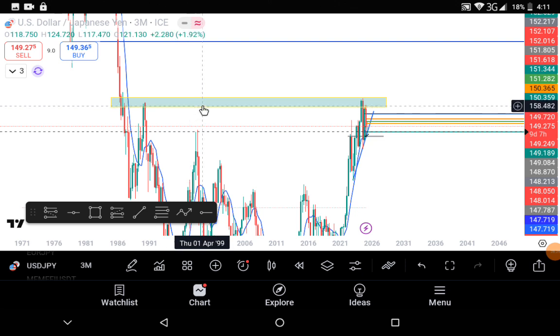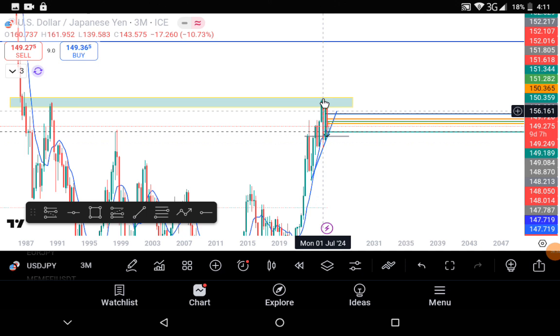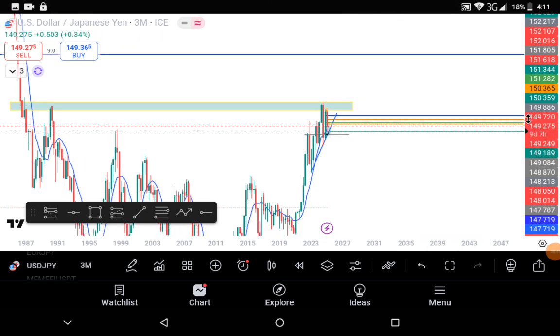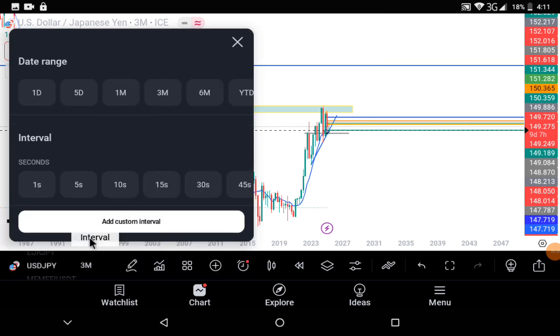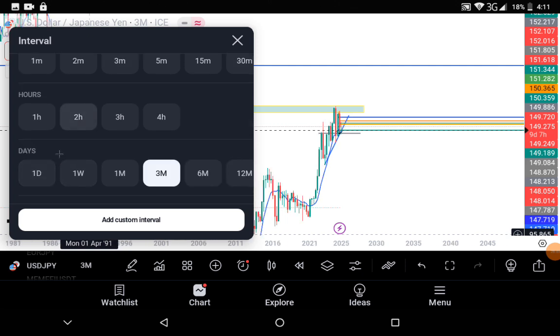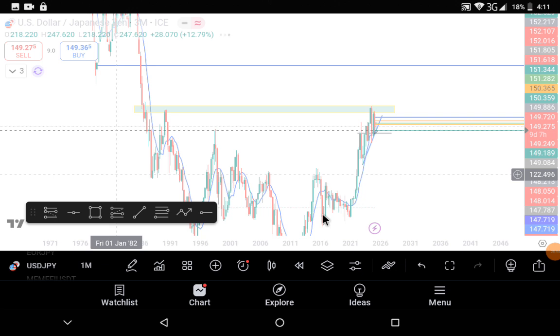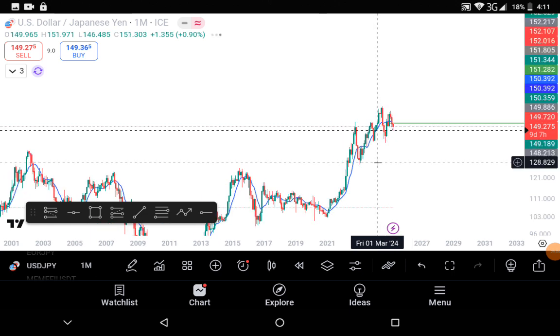So now going to the 1 month time frame. Okay, this is the 1 month time frame, and you can see that price is rejecting from this zone here.